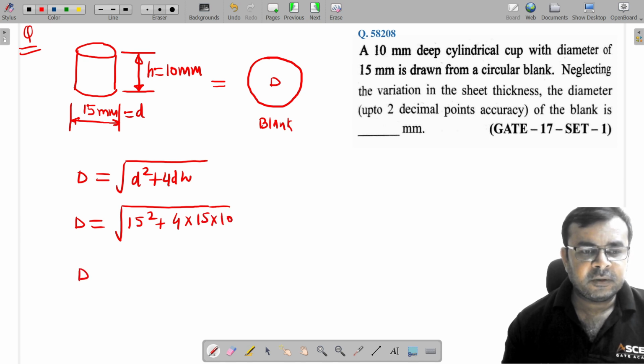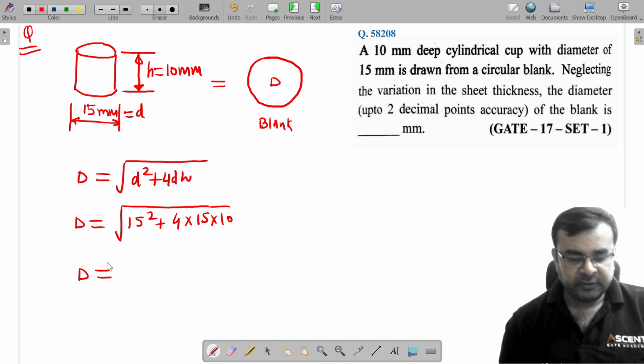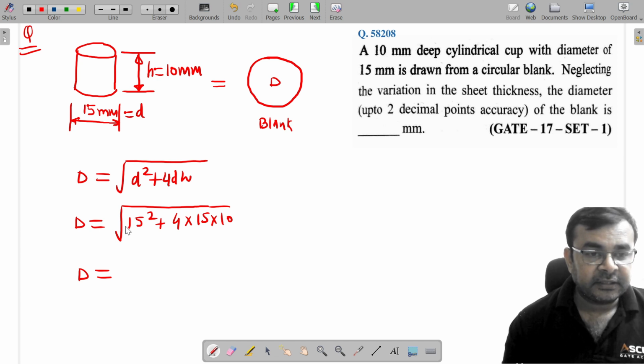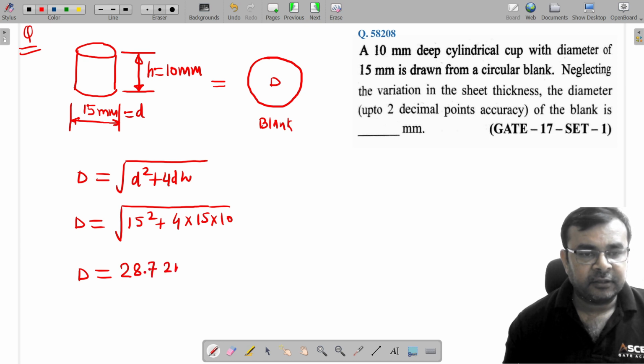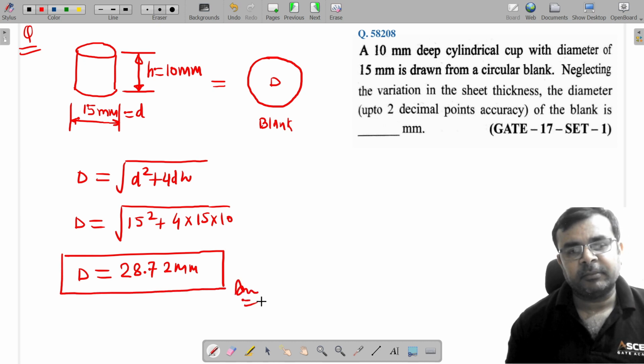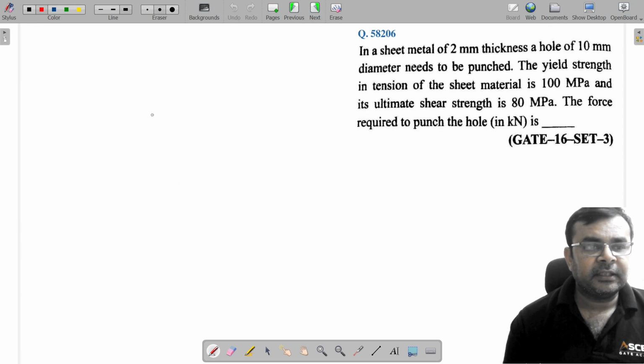If you simplify this, we get 28.72 mm. So this is the right answer. Is it clear? This is a very simple question. Okay, let's see another question.